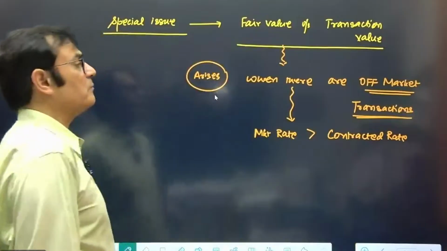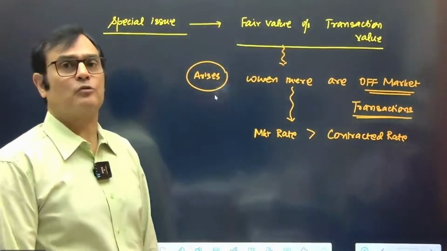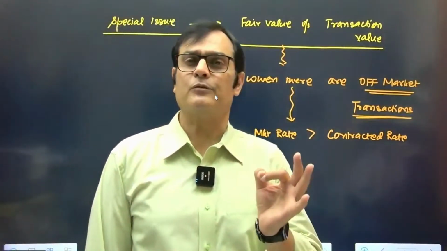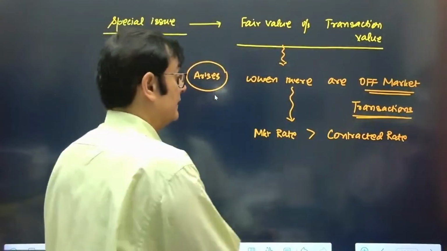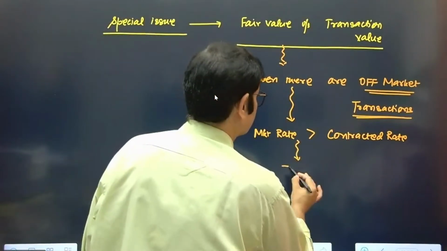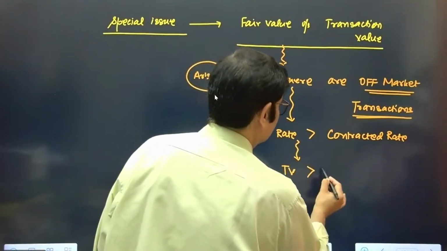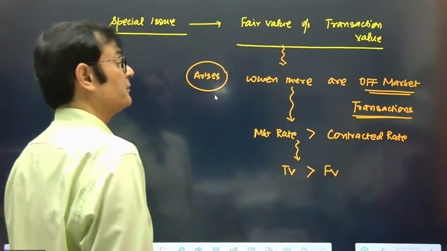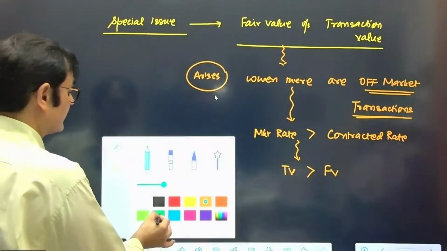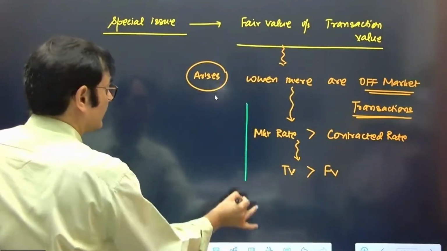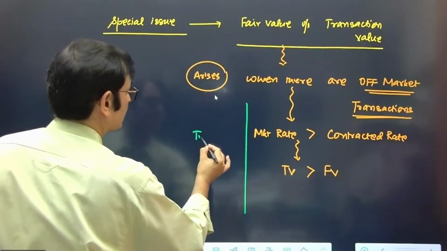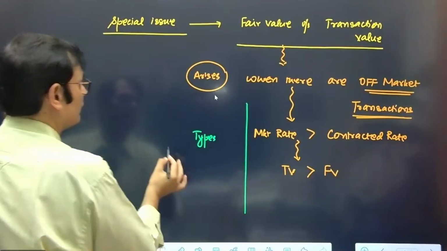And the moment you find that the market rate of interest is greater than the contracted rate of interest, undoubtedly the transaction value and the fair value will differ. And this will also mean that your transaction value will definitely be greater as compared to the fair value. And just as I said, you are going to see typically three kinds of transactions.